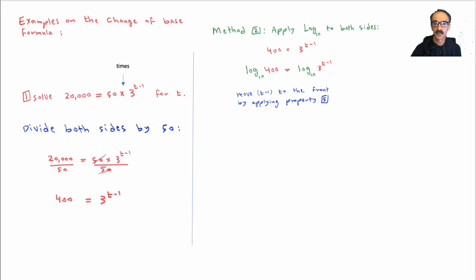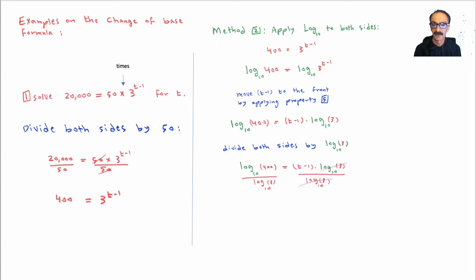Move t minus 1 to the front, which is rule number 5. I have it this way. Divide both sides by log 3, and it ends up like the previous method.